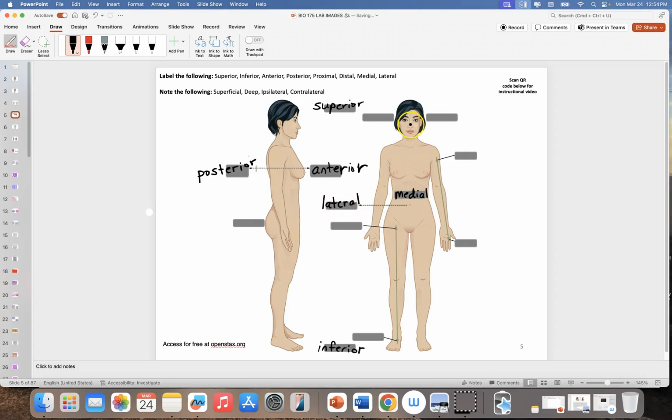For example, the nose is medial to the eyes. The ears are lateral to the nose. Again, a way for us to compare two different structures using directional terminology.